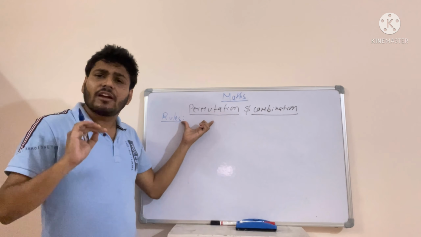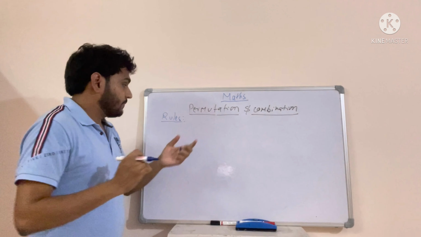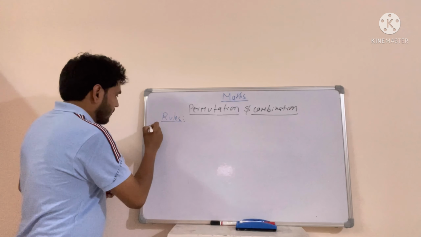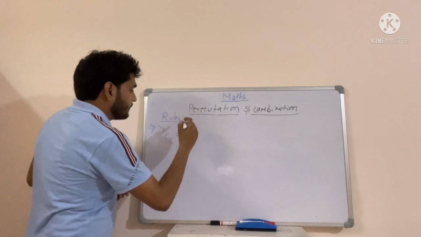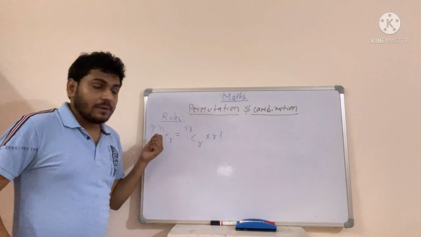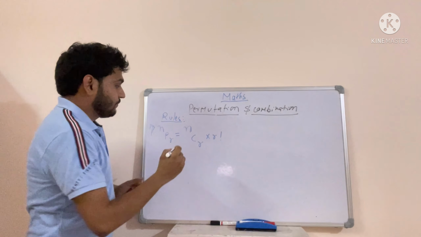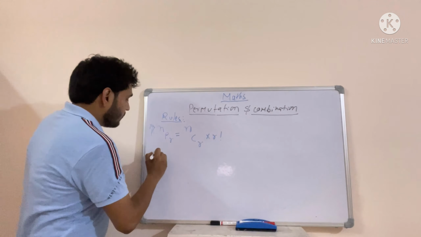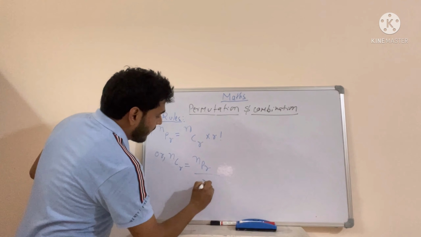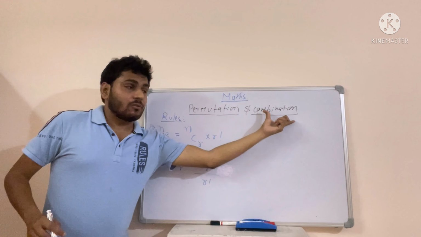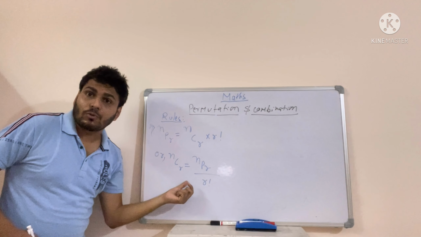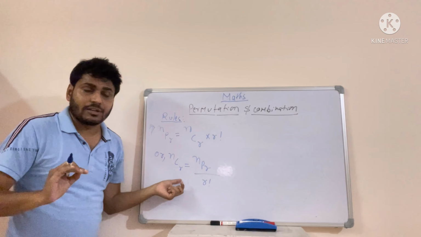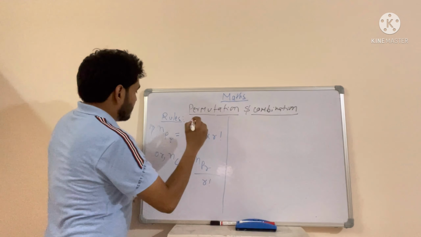This is very important to solve a sum. Number 1, nPr equals nCr into r factorial, or nCr equals nPr by r factorial. To convert one into the other, use this formula. Did you understand? This is very important. This is rule number 1.